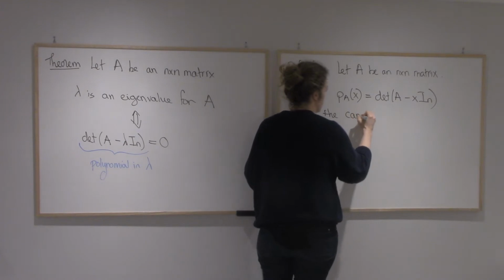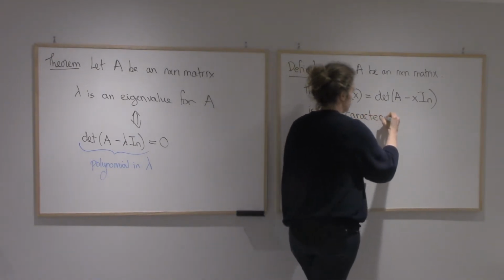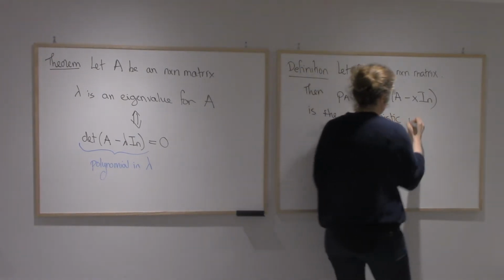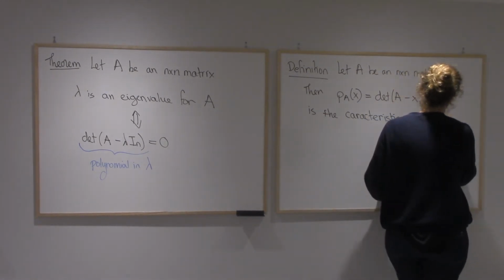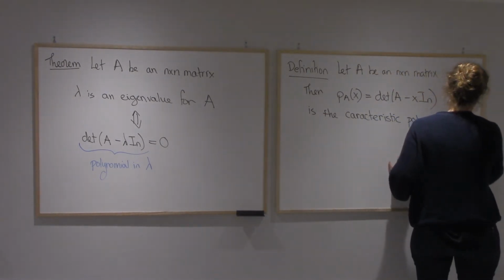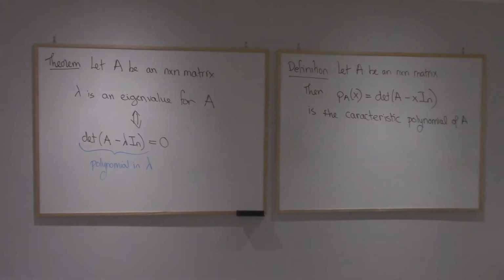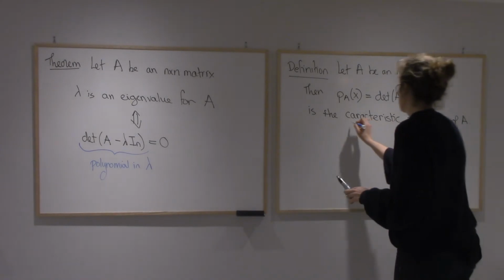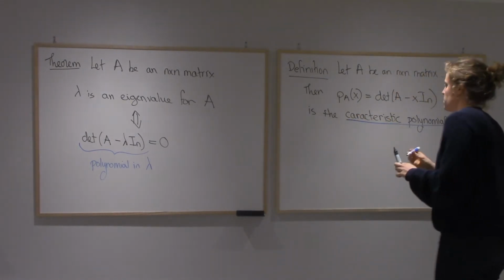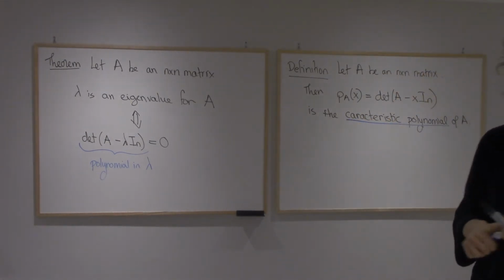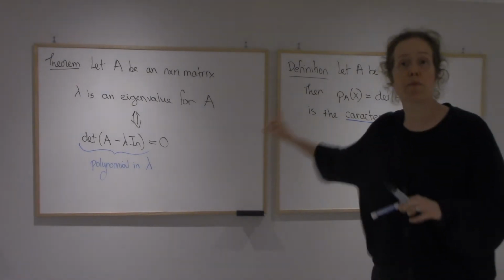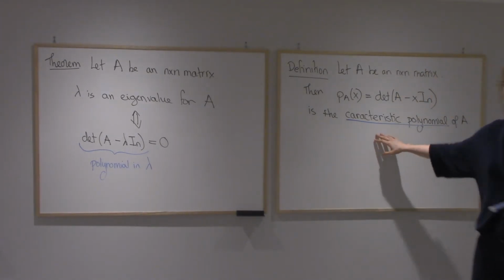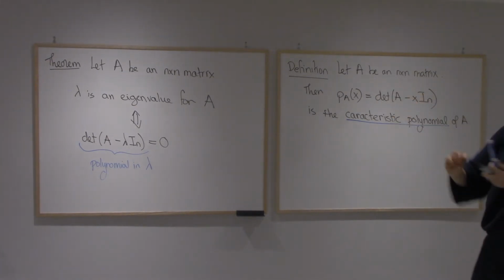So, characteristic polynomial of A. The important fact about this polynomial is its roots are the eigenvalues.